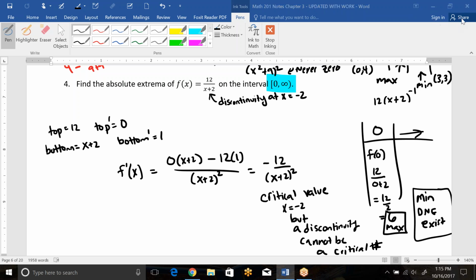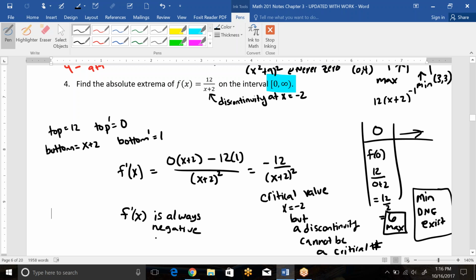And the reason that we know that this is a maximum instead of a minimum, which I didn't state a second ago, is because your f prime of x is always negative, because you have this -12 on top divided by something that's always going to be positive.